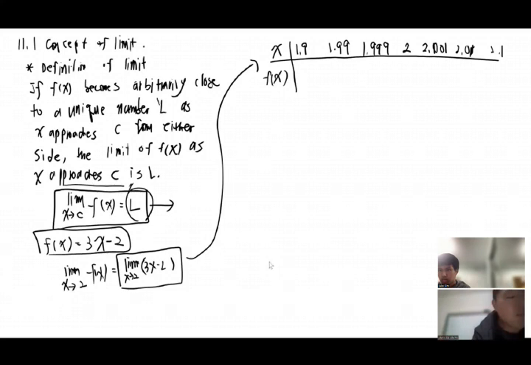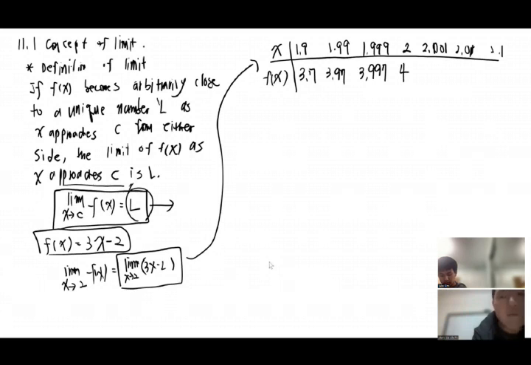With those numbers, f(x) becomes, for example, at x of 1.9, f(x) is 3.7. 1.99 makes f(x) 3.97. 1.999 makes f(x) 3.997. And 2, if you plug that into f(x), becomes 4.